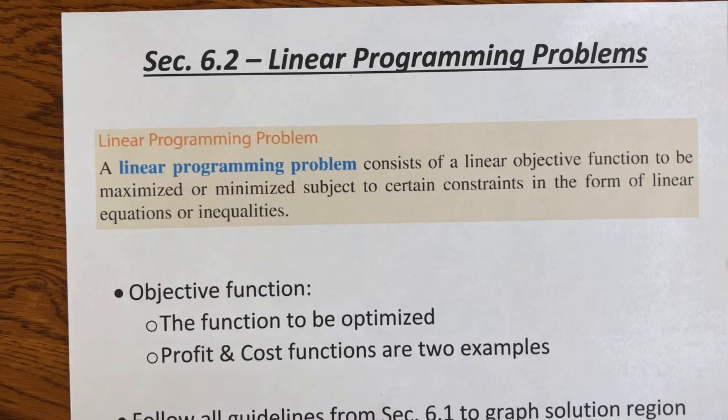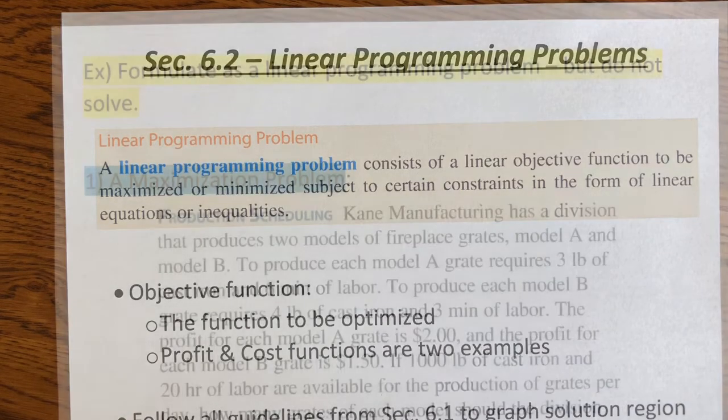So let's take a look at two examples in section 6.2, and then we'll solve these in section 6.3 and in 6.4. There's two different methods we're going to look at in section 6.3 and in 6.4 in terms of solving a linear programming problem.